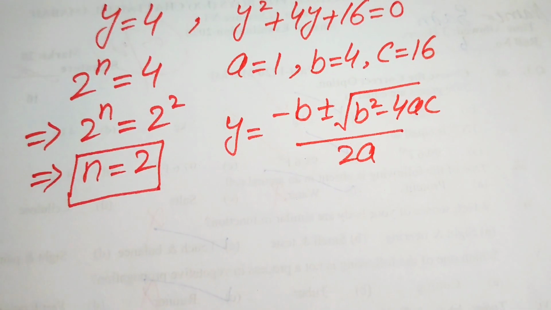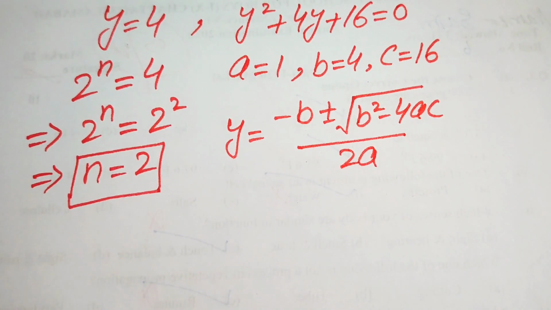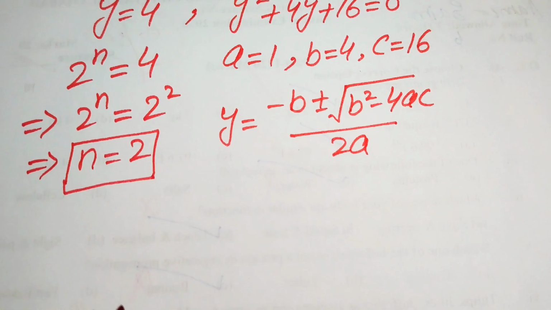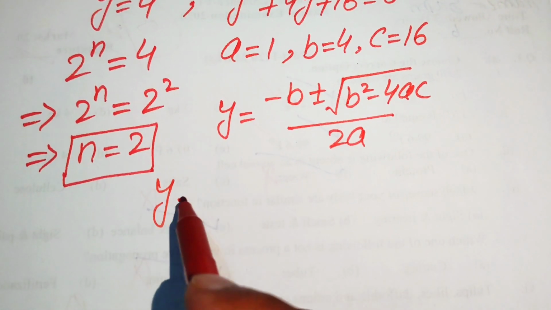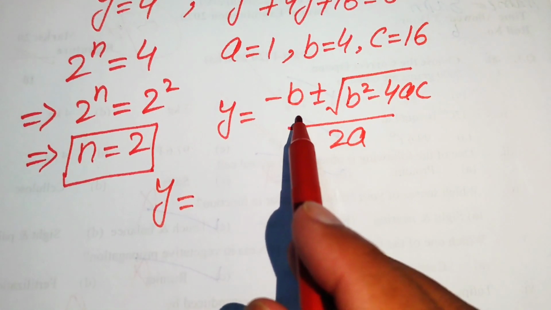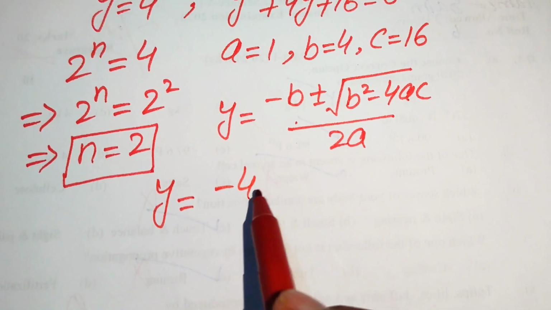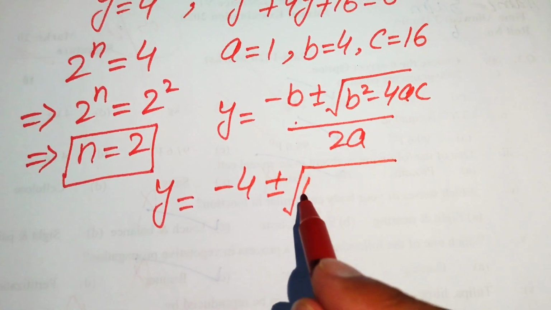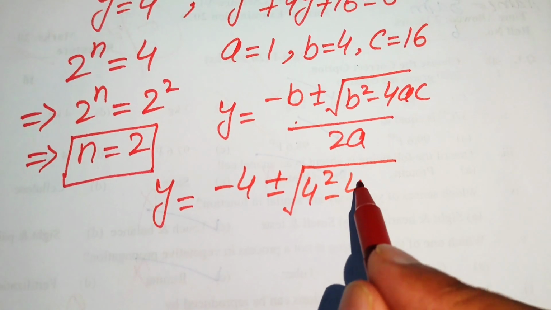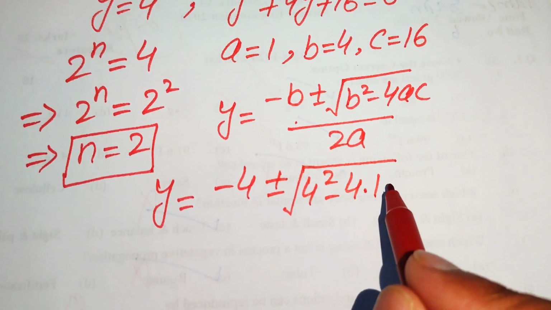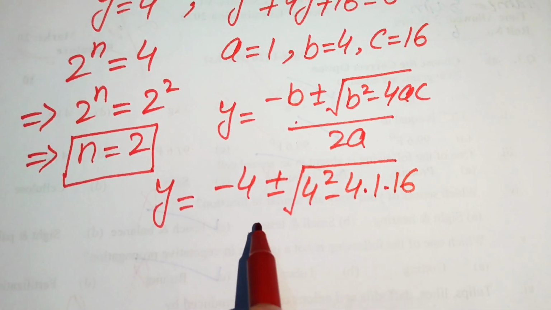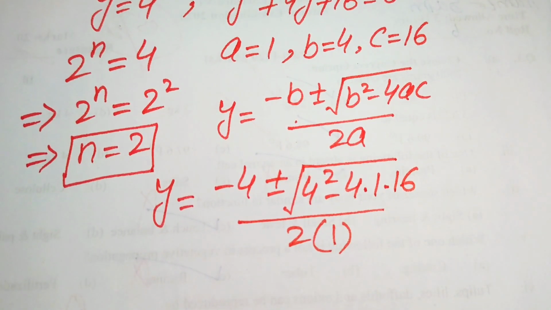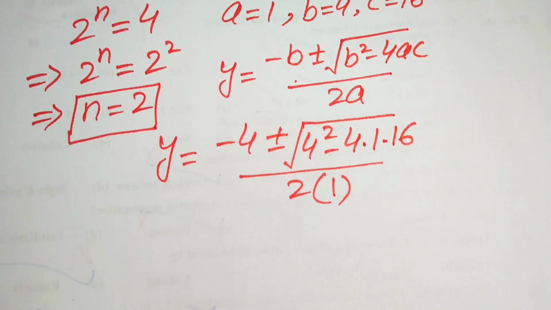So here we substitute the values of a, b and c in this quadratic formula, and it is written in this form: y equals to minus b, and the value of b is 4, plus minus square root of b square, so 4 square, minus 4 times a is 1 and c is 16, divided by 2 times a, and our a is equals to 1.